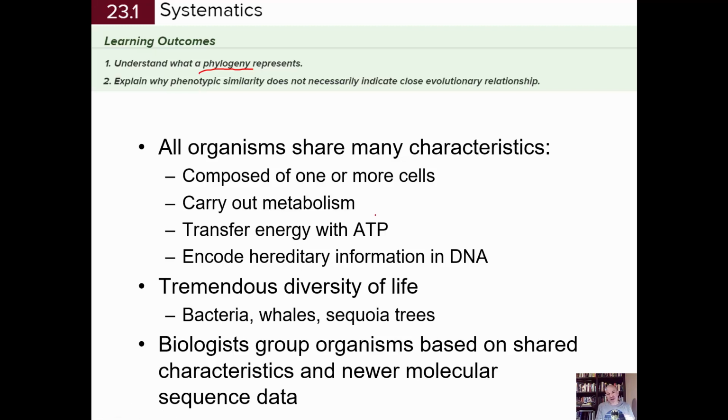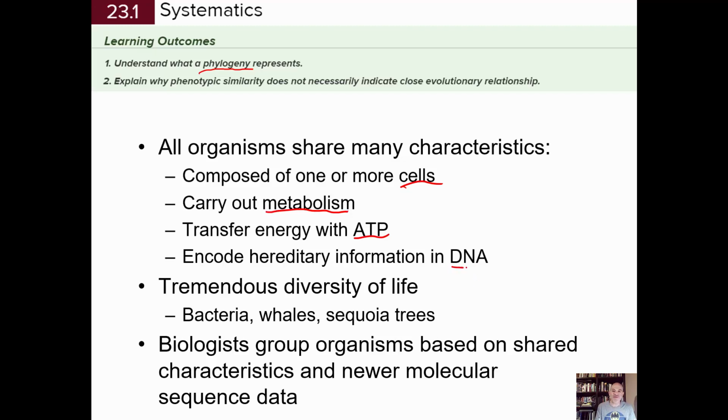So we want to start by looking at, first of all, that all organisms do share some of the many characteristics that we see. For example, we're all made of cells, humans, bacteria. The individual unit of life is a cell. We all have metabolism. That means we're breaking down and building up molecules. We also use ATP as a sort of universal energy source for doing the work of life in the cell.